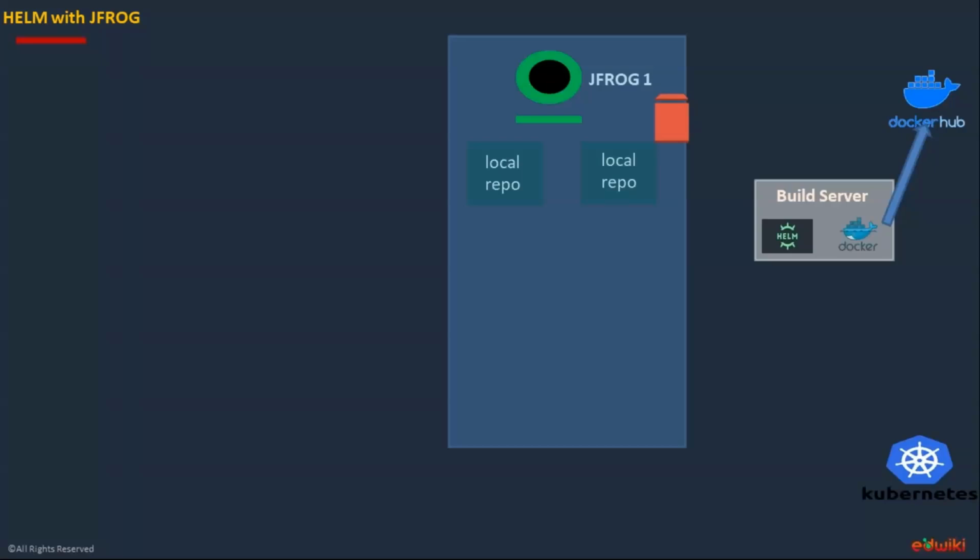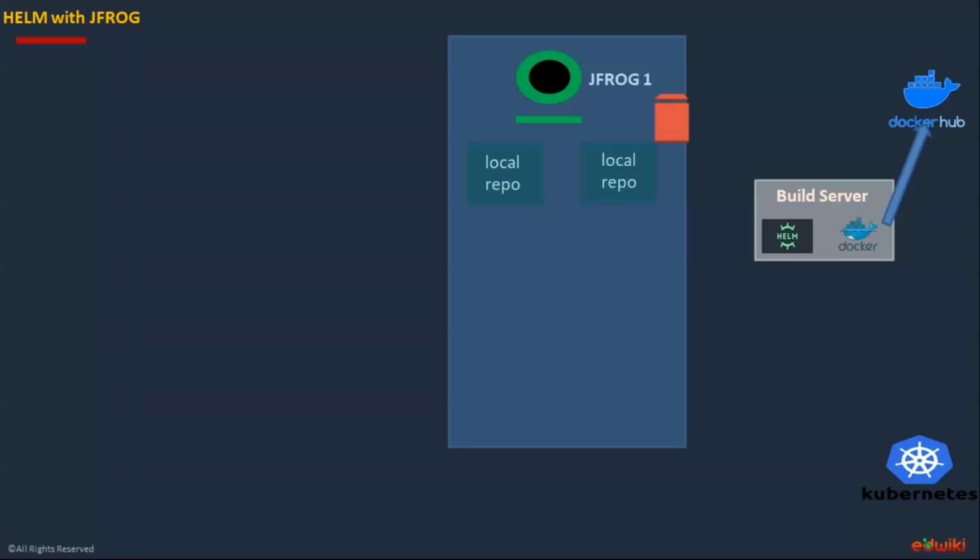Repository, in the sense, is a kind of virtual folder. Hey, in this folder, I want to keep my Helm charts. Just create some folders. The folders that you are creating in the JFrog server are called repositories. Just a technical terminology. Just a kind of folder only, but from the JFrog language perspective, we call it a repository, and we call it a local repository.